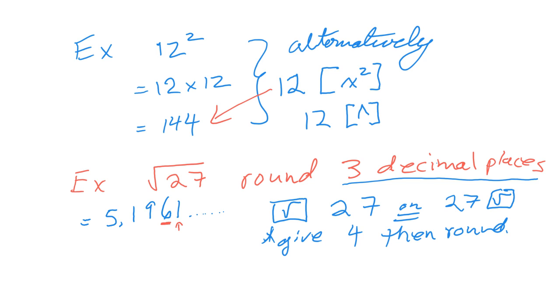We leave this. 5.196 is our final answer. Okay? And that is our final answer for our calculations, right? Now, your homework. No, we're not quite done yet. We got one more thing to do.